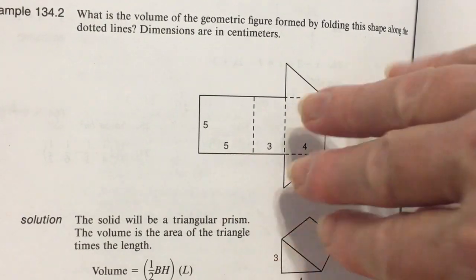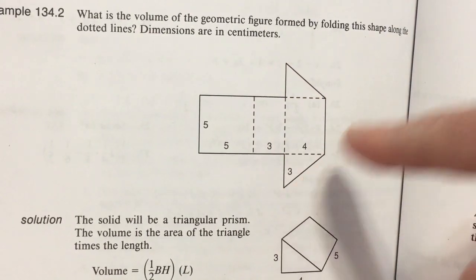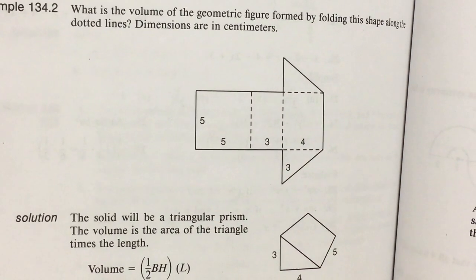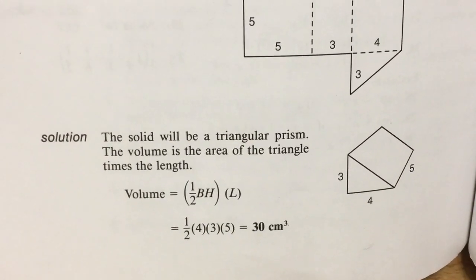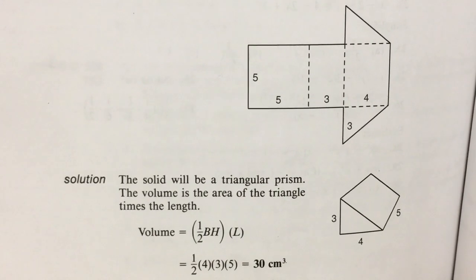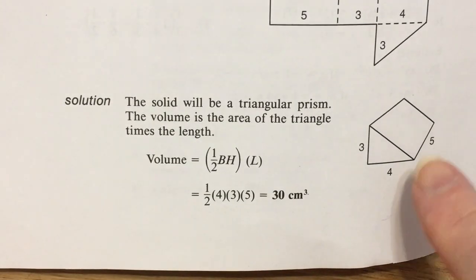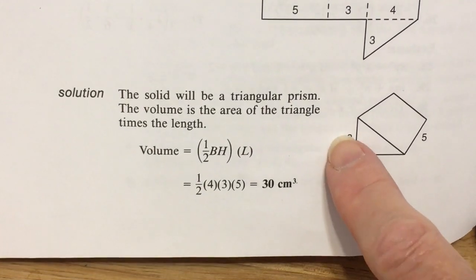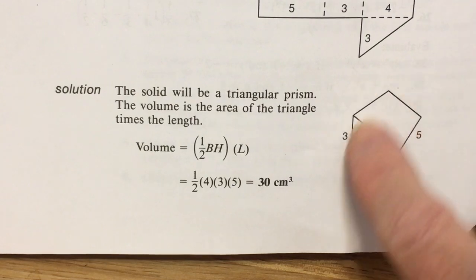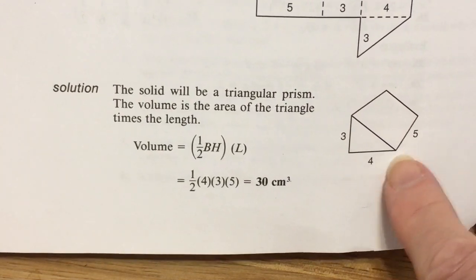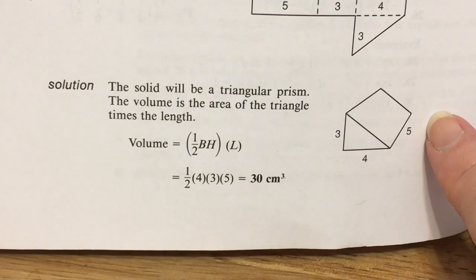So this side's going to fold back and this side's going to come around, and the two triangles will be the top and the bottom. So can you see that when we fold that object all together, we will get this triangular solid, which has a 3 and a 4 on the triangle top and bottom. Okay, and then over here, the distance going back is 5.